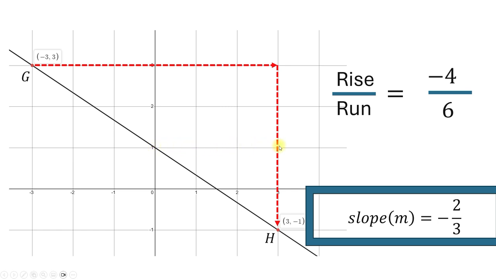So that's literally what a slope of -2/3 means. For every 3 units along the x-axis, we'll move down 2 units along the y-axis.